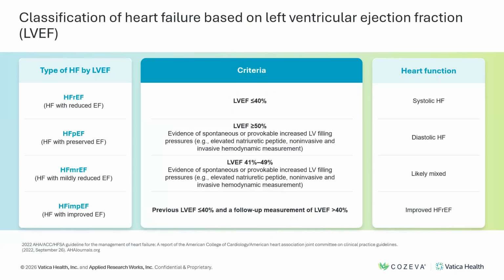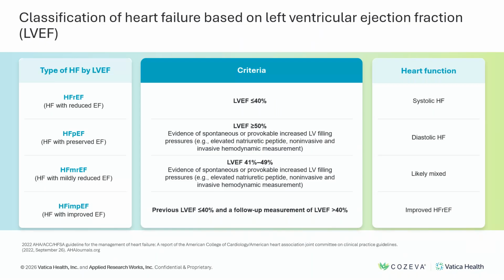And this is called heart failure with reduced ejection fraction, or HFrEF, and is defined as an LVEF of 40% or less. With diastolic heart failure, the left ventricle becomes stiff, it doesn't fill properly, and because contractility is preserved, the ejection fraction remains preserved.